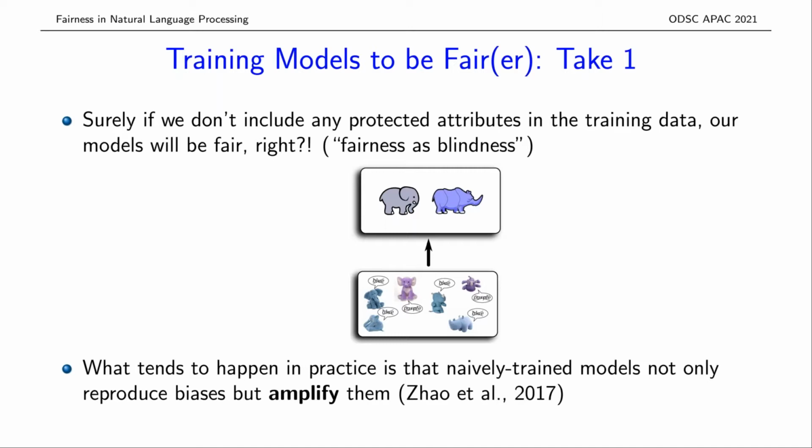That's going to be our main task variable. And we have attributes associated with those. In this particular case, we know the color of these. That's our protected attribute. We've got access to that, but if we simply obfuscate that information in training our model, surely we're not going to have any bias in the model that we learn. The answer is it definitely does learn bias, and if anything, it tends to amplify the bias if you do this simplistic fairness as blindness approach. So it's not a solution.